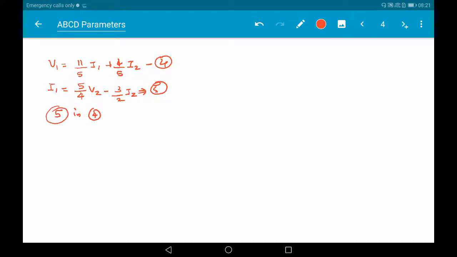V1 is equal to 11/5 into 5/4 V2 minus 3/2 I2 plus 4/5 I2.